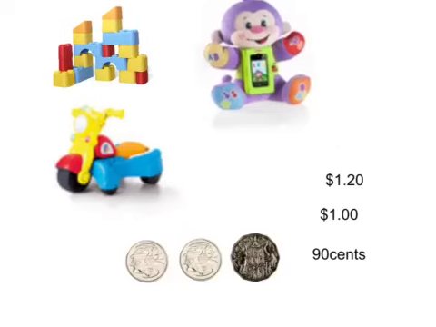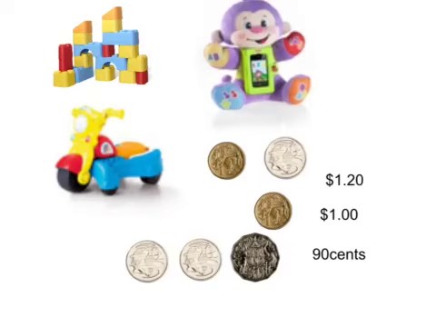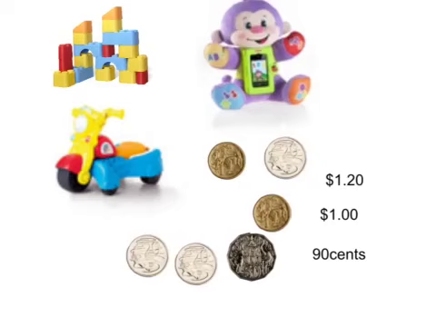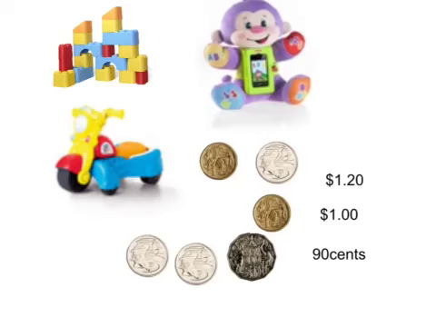Okay, so there's our 90 cents there. Now let's go and get the $1. Here's our $1 right there. We're getting there. Let's go and get the $1.20. Okay, so there's our $1.20. So we've got 90 cents here, $1 here, and $1.20 up here. Let's put them all together and find out how much we come up with.